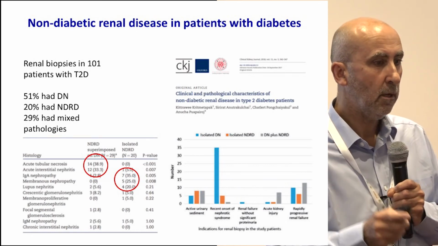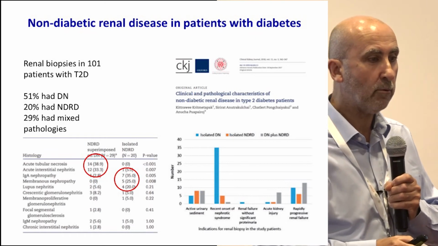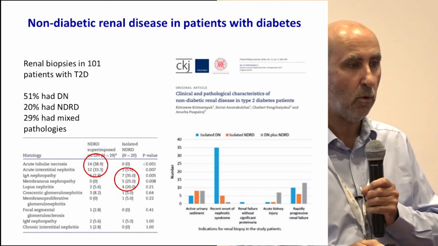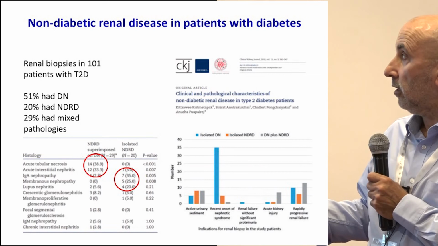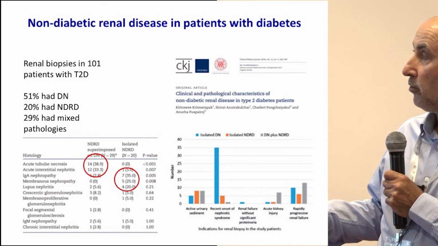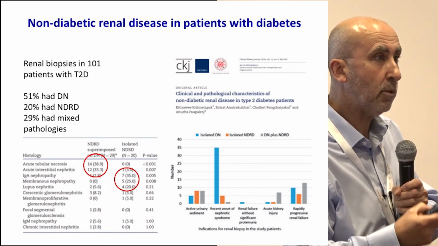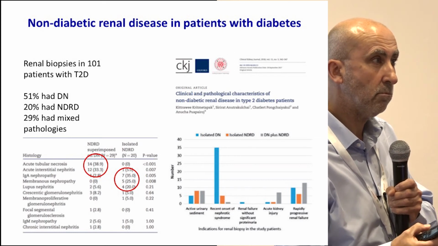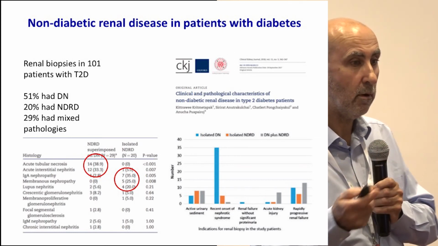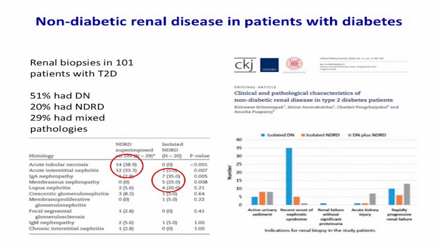Not surprising, maybe. What I found very interesting from this data was how often diabetic nephropathy causes an acute presentation. So a very high frequency of advanced diabetic nephropathy as the explanation for an acute nephrotic syndrome or an acute deterioration in renal function.